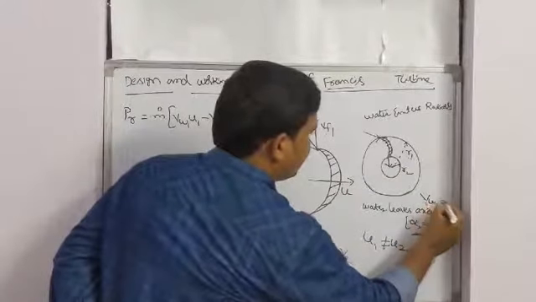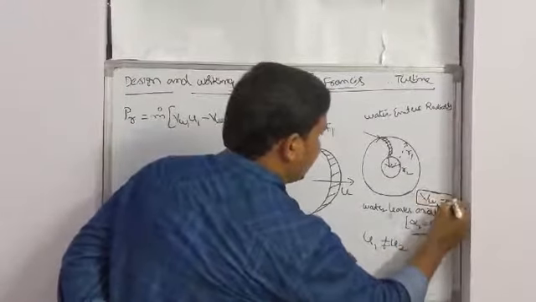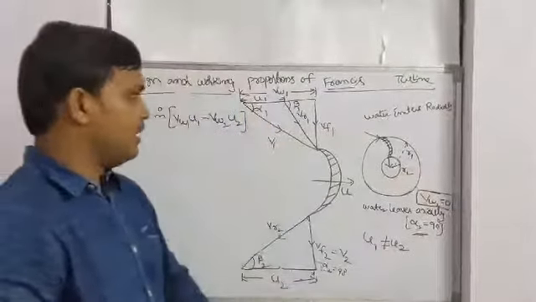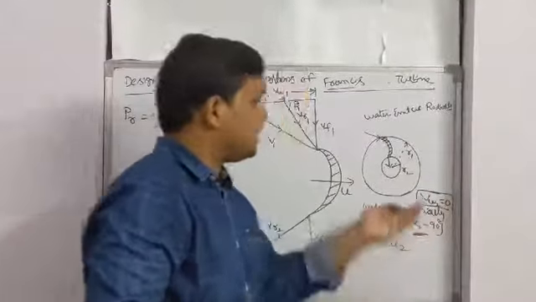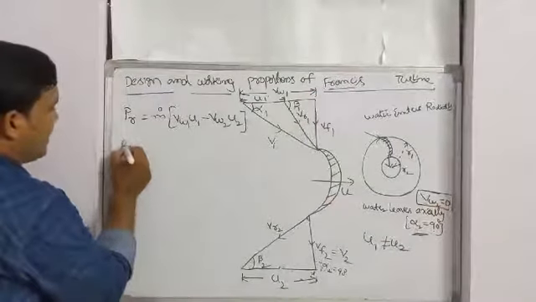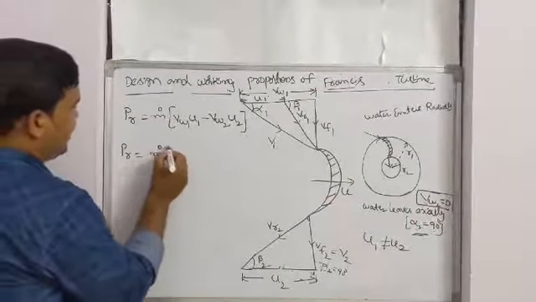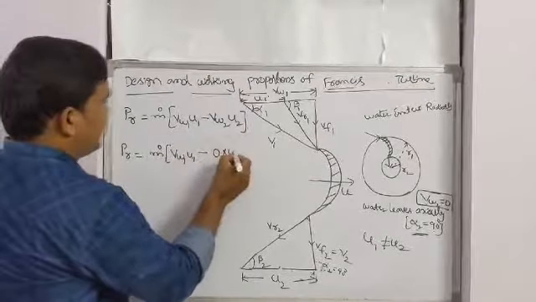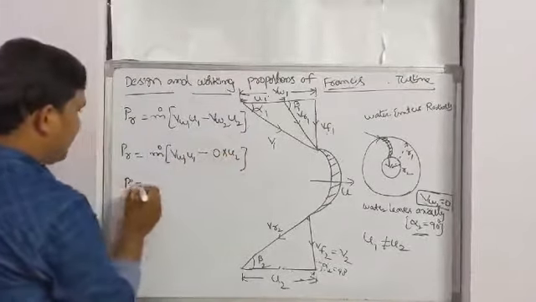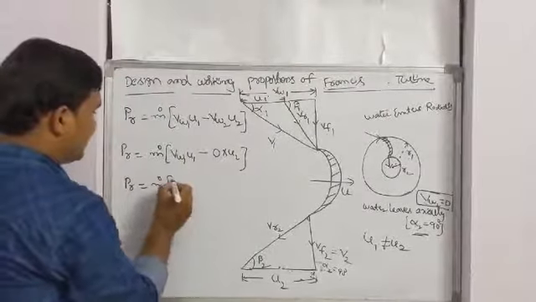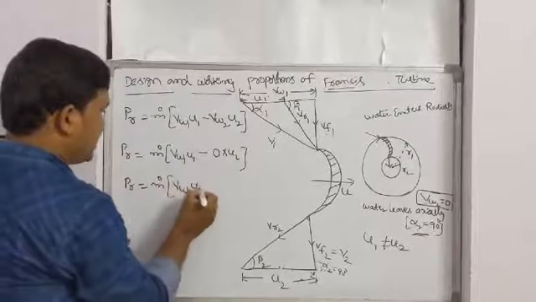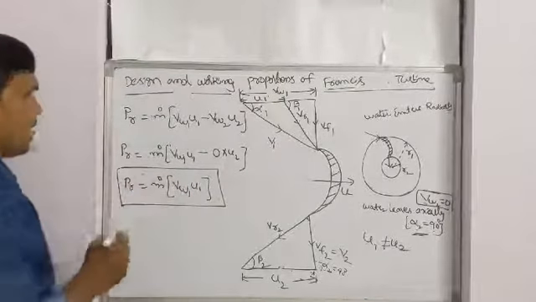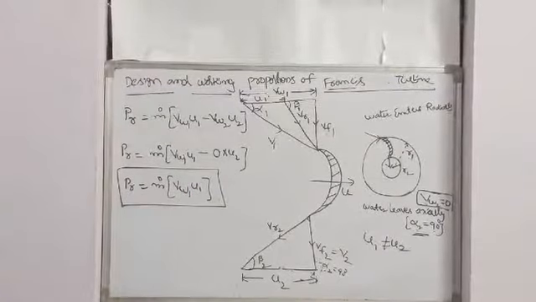If the water enters axially, VW1 will be 0; if the water leaves axially, VW2 will be 0. Then the runner power is m dot into VW1 U1 minus VW2 times U2, which is 0, so the runner power is m dot, the mass flow rate of water, into VW1 U1. This is the runner power of the modern Francis turbine.